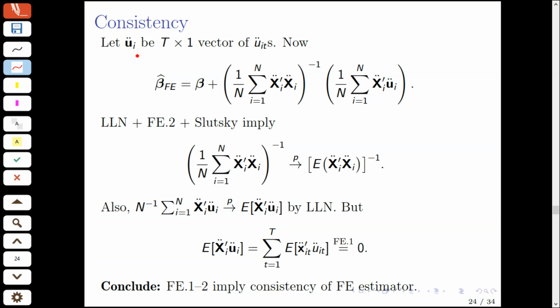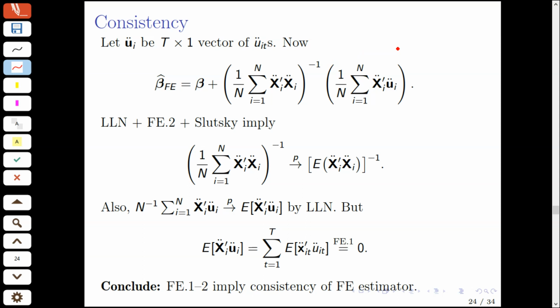Then we may substitute in the model to express the fixed effect estimator as the parameters that we're trying to estimate, plus the product of two terms. Again, this product takes the form of the inverse of an average of regressors, here being within transformed regressors. The second part of the product also takes the form of an average, where we're averaging over the product of the within transformed regressors and within transformed unobservables, the uits.